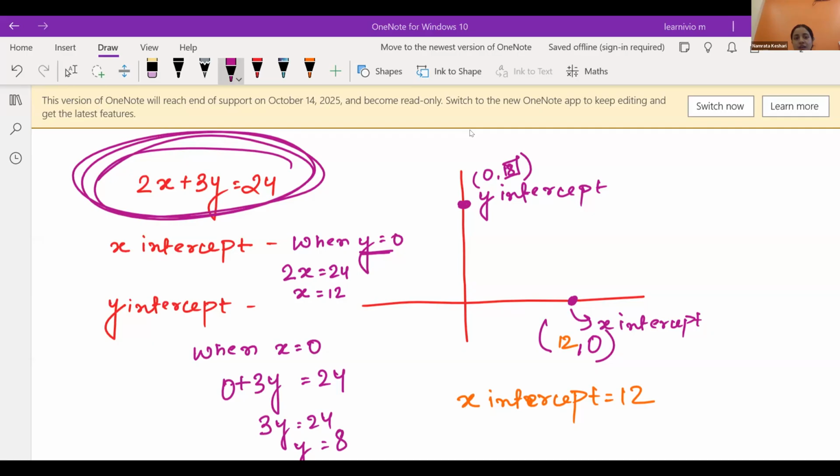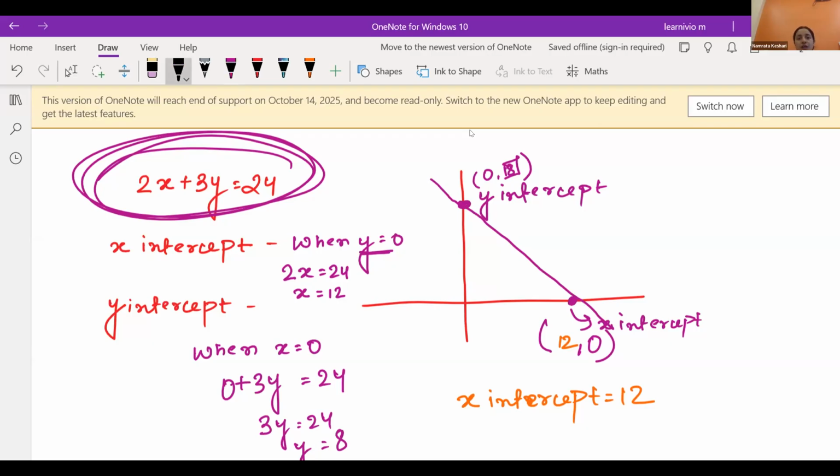Yes, miss. Okay, so this is how we'll be finding x-intercept and y-intercept. These two are really important coordinates on a line. You will have the line like this. I can show you the line with the help of software, and you will find the x-intercept which we have found and the y-intercept which we have found, that these are the intercepts in the actual graph as well.